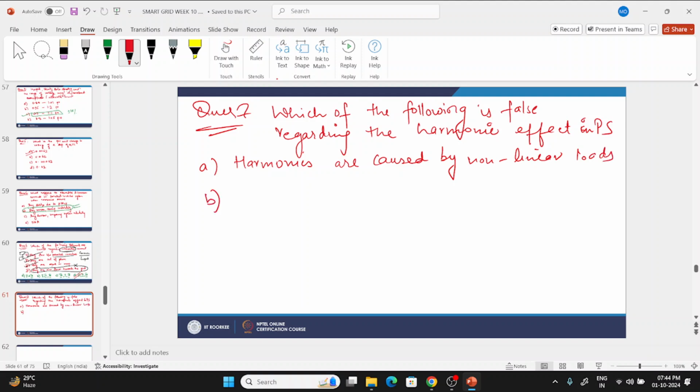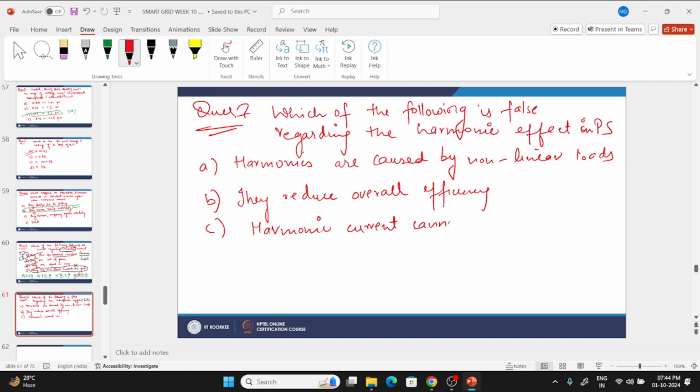B, they reduce overall efficiency. C, harmonic current cannot interfere with telecommunication lines. D, all. So give me the correct answer.